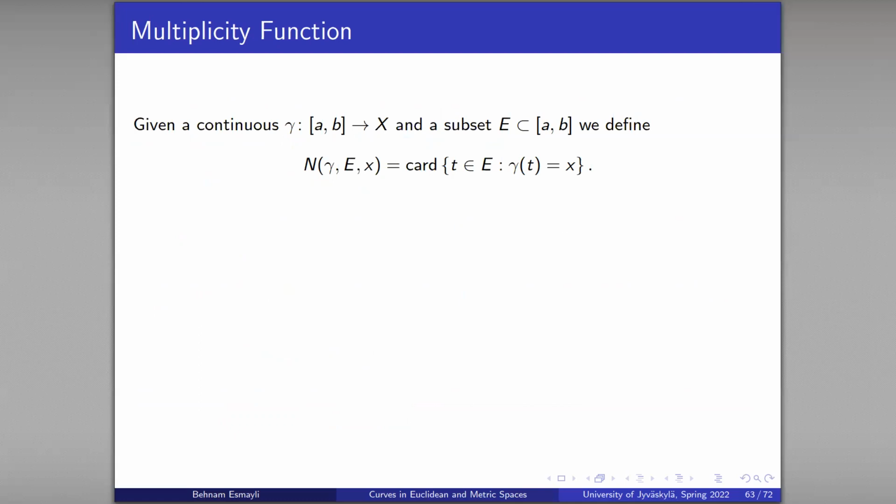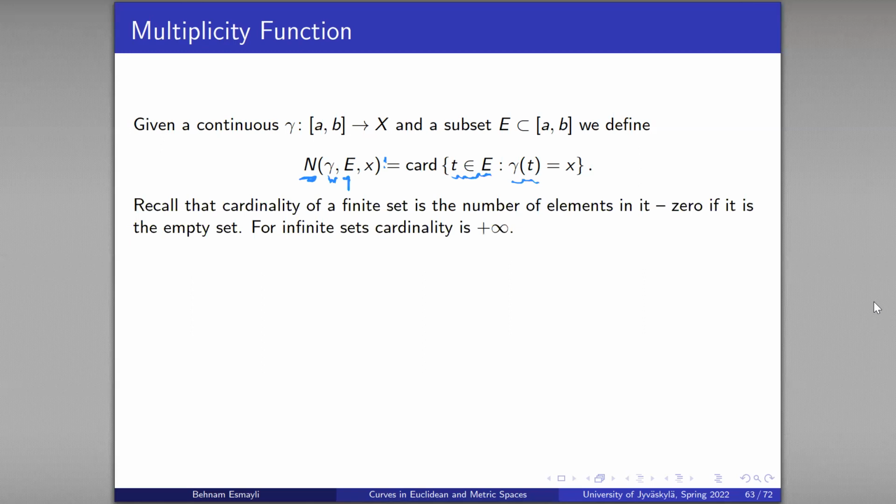We define this function as the number of points, so you should read this as the number of times that gamma sends a point from E to x. So x is fixed in the target space, and then you look at all the t's from E whose gamma value equals x. And cardinality is just the number of points in a set, which could be infinity exactly when the set is infinite.